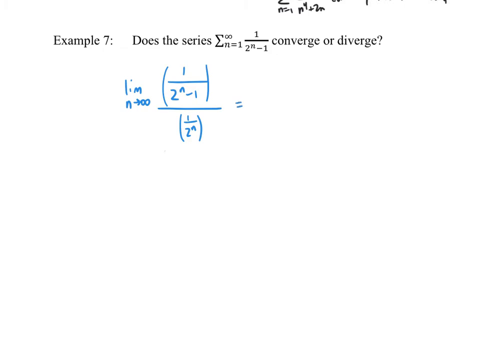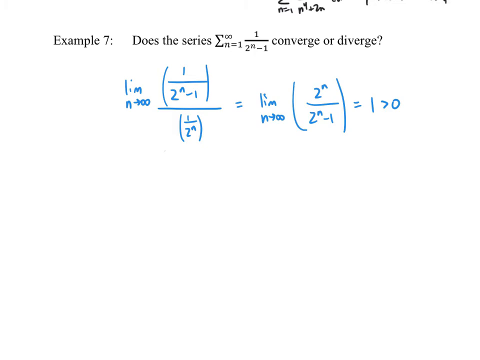With the limit comparison test, however, we're able to simplify this fraction and it gives us 2 to the n over 2 to the n minus 1. And again, the minus 1 is relatively obsolete here. We're going to get a relationship of 2 to the n over 2 to the n, which has a limit of just simply 1. And that's, of course, greater than 0.